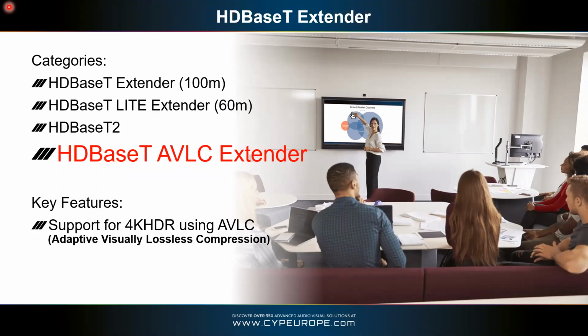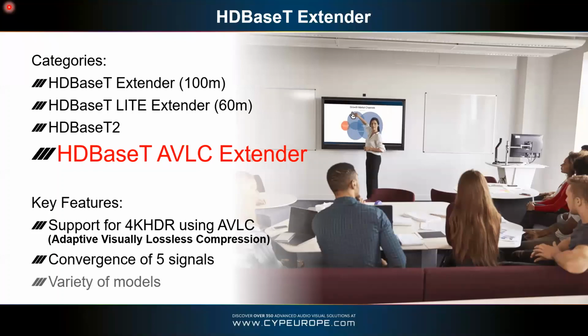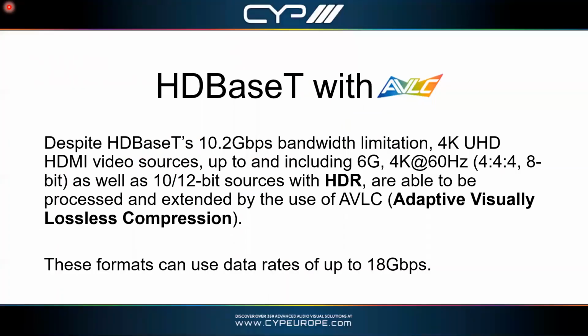So you then have to look at other options, and we've gone for adaptive visually lossless compression, which is basically allowing you to transmit almost visually lossless, as it says, image from point to point, still maintaining that HDR quality. Again, it converges the 5 signals we've discussed before, and we now have a variety of these models, including matrix units as well. So as I've just described, 10.2 gigabits per second is the bandwidth limitation of HDBaseT, but our technology just adds a very mild compression and essentially rebuilds that signal at the other end.